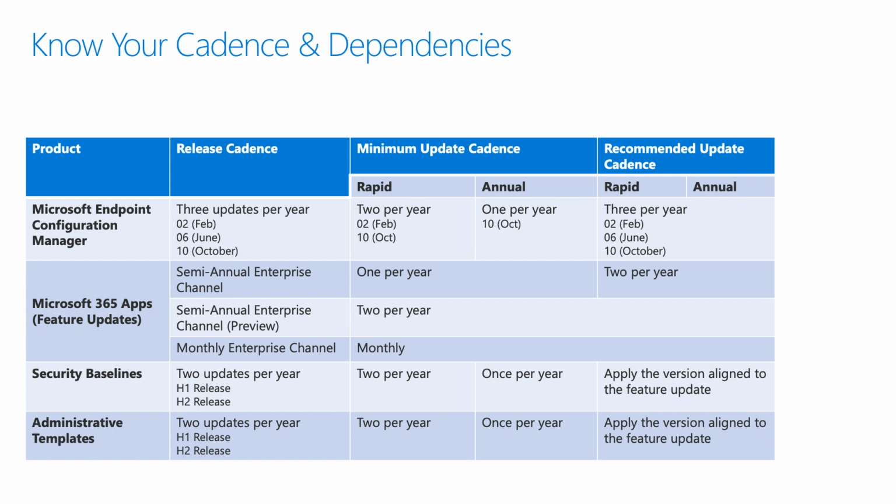Fully understanding the cadence and dependencies across the stack is absolutely critical, primarily because at least most of the stack for the endpoint all is getting multiple updates per year. So in the chart, you can see we've got ConfigMan being updated 3 times a year, and what's the impact to your organization and how often do you do that?